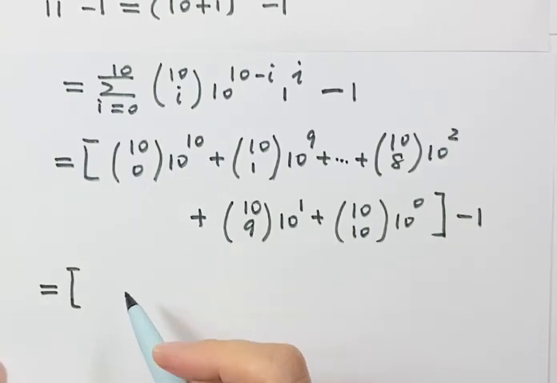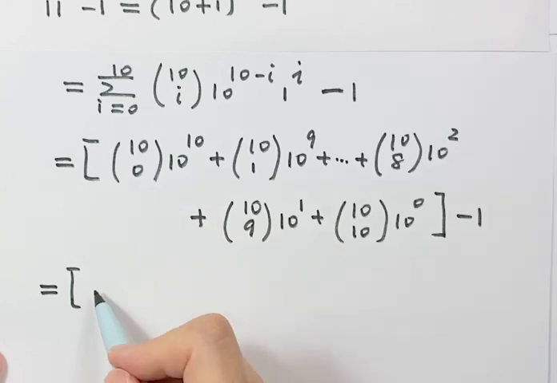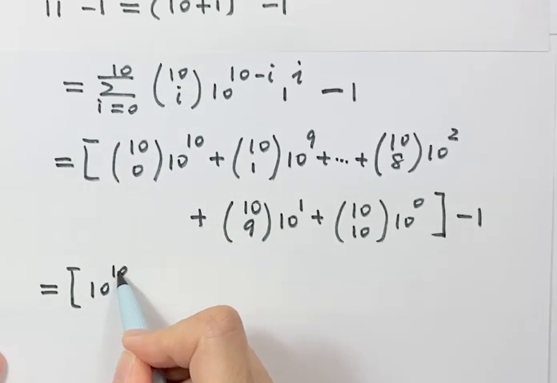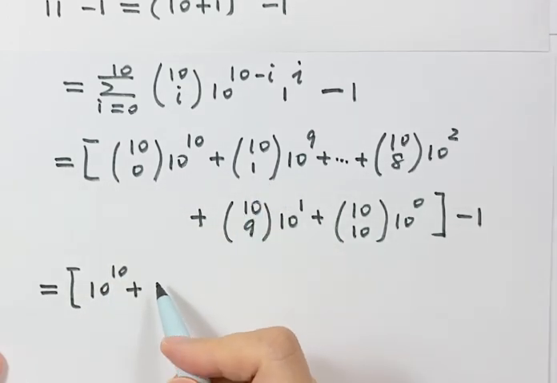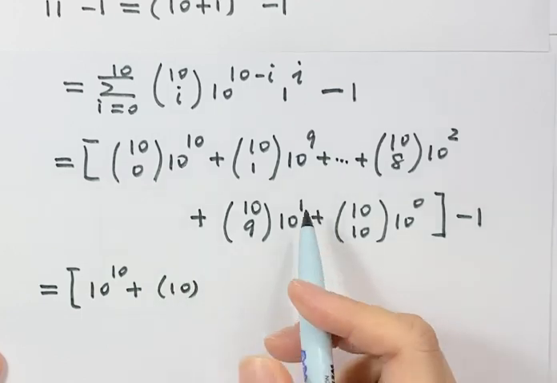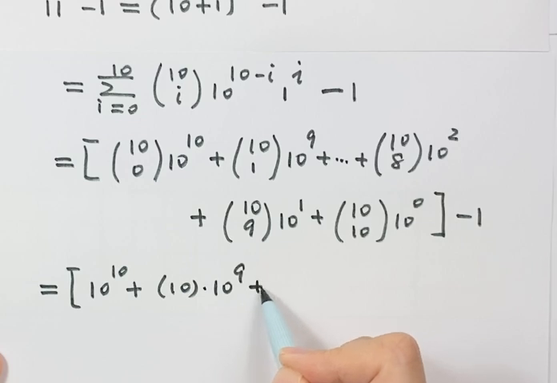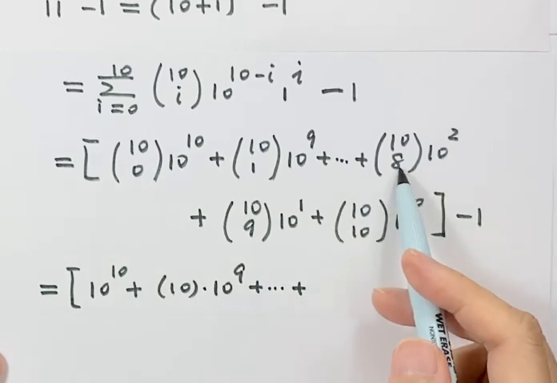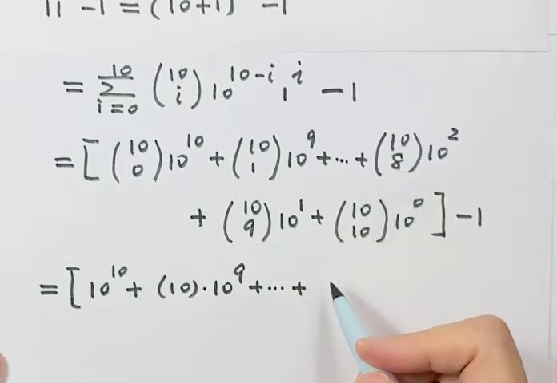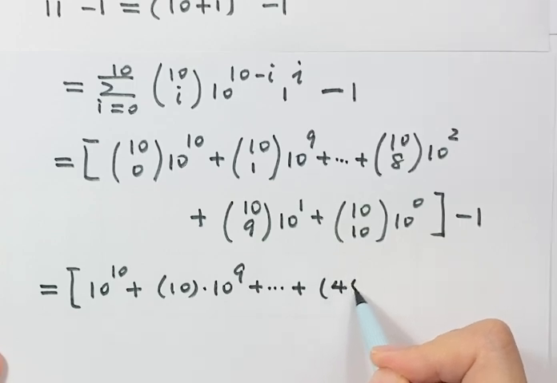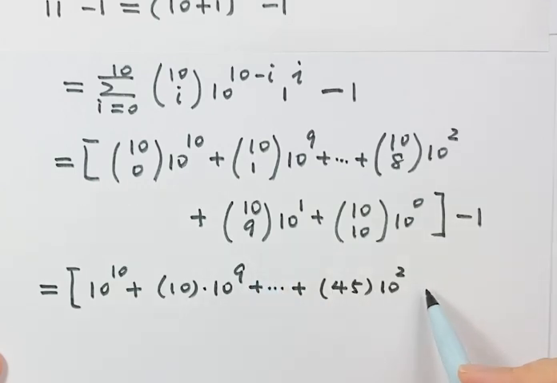This one is 1, so here's 10 to the power 10. And this one is 10, times 10 to the power 9. For this term, the coefficient is 45, then 10 squared. Then this term is 10, and here's a 10.